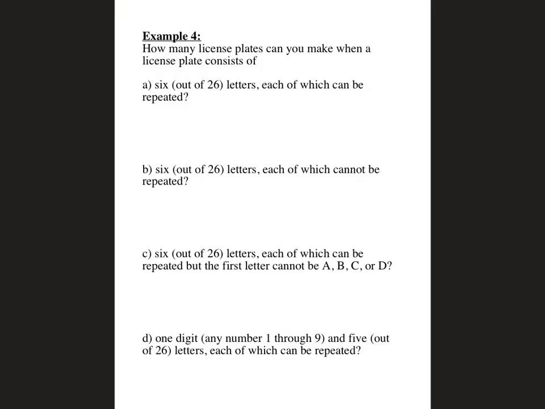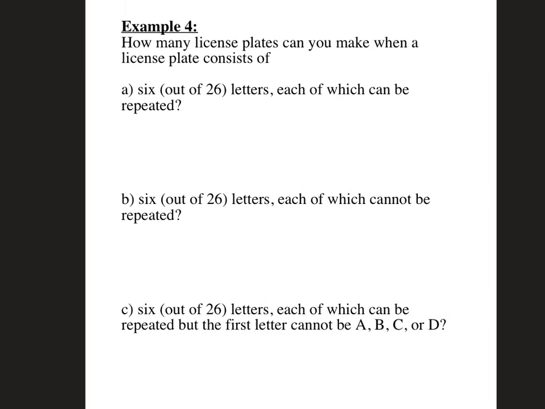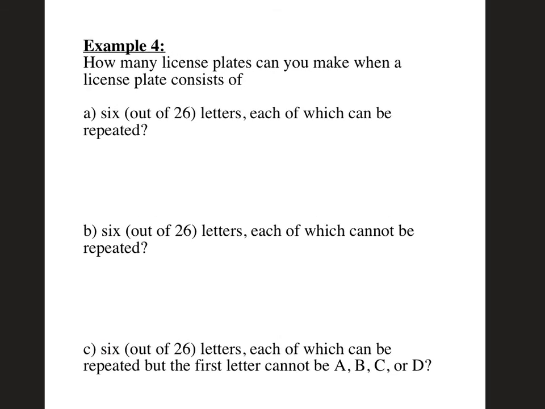All right, so when we do this, okay, how many license plates can you make when a license plate consists of 6 out of 26 letters, each of which can be repeated? So can be repeated. So what we've got is basically a license plate that is going to have 6 blanks. So 1, 2, 3, 4, 5, 6.